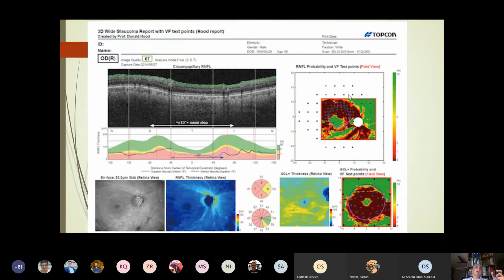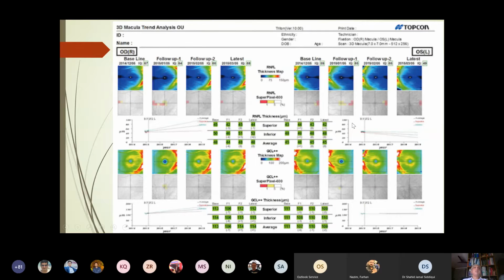This is overlaid on the visual field of the patient as well. This is called the Hood report, which is being used for advanced glaucoma diagnosis, which correlates all the different pathology which you see in glaucoma, including the retinal nerve fiber thickness, the ganglion cell analysis, and the visual field as well, all interpolated on each other.